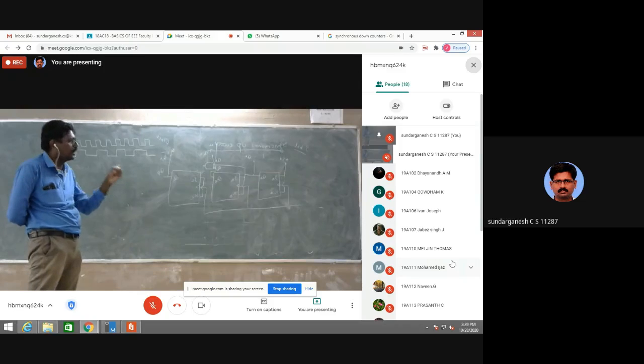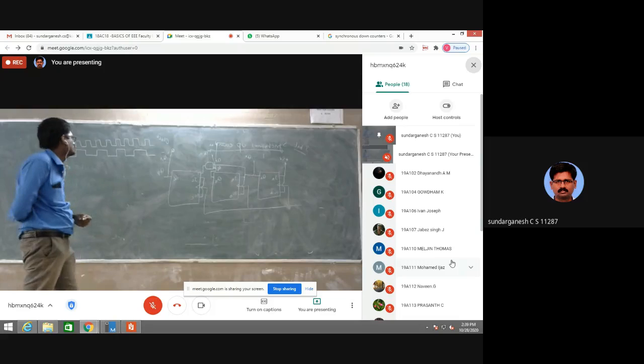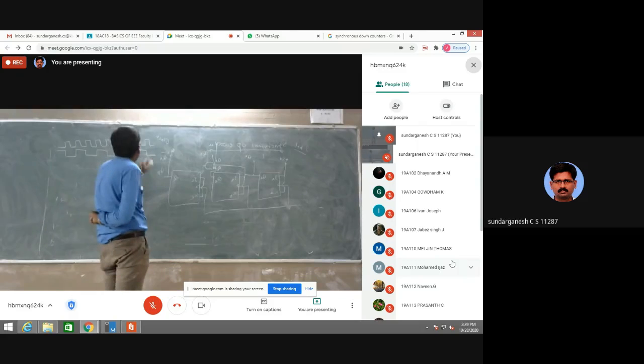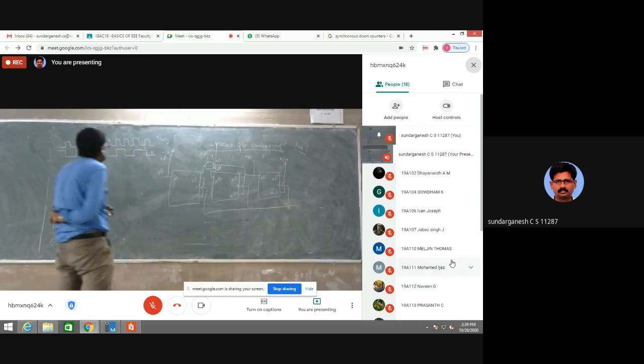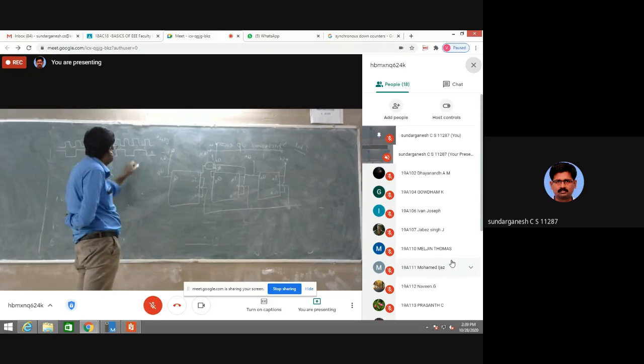So QA should be high, as well as the clock should be at the negative edge. So here it is 0, now it is 1. In this there is no negative edge; here it is a negative edge, but it becomes 0. Now it is 1.